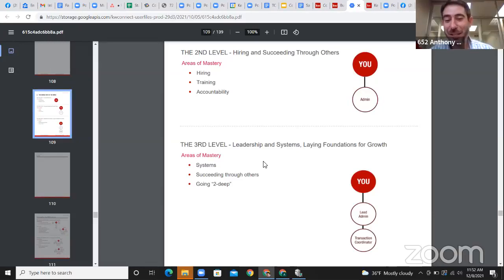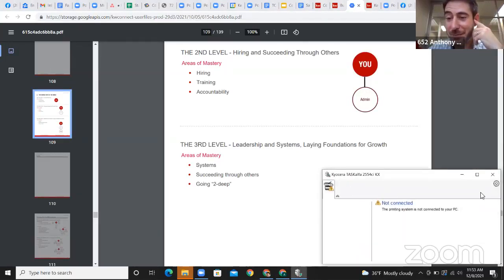All right. Third level, leadership and systems, laying a foundation for growth. You can get away with having no systems when you have one person. As soon as you add two, one of my old coaches, Gary Harper, does this exercise where he draws, like, there's you, and then you add in the second person, and there's three times the complexity in a process, right?